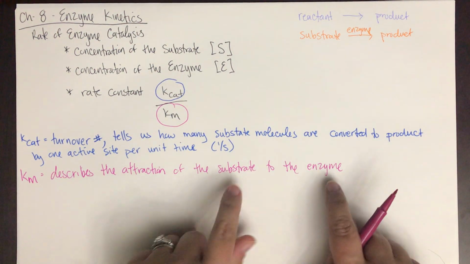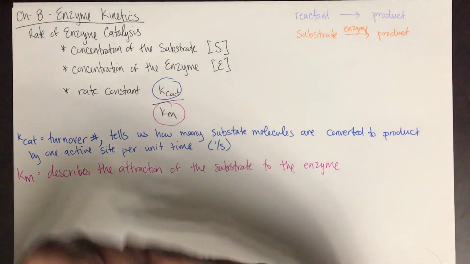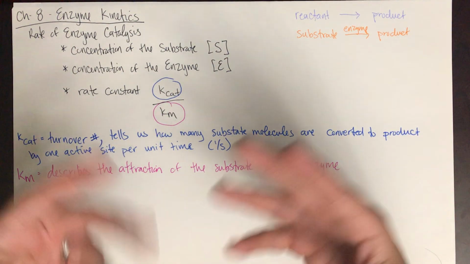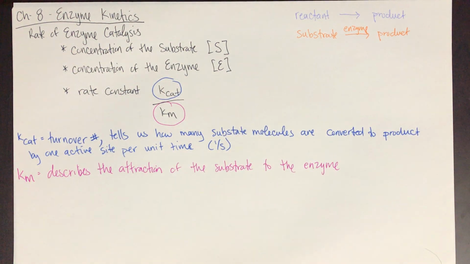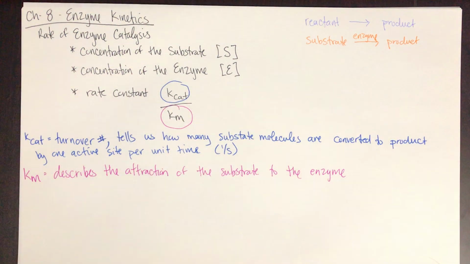Remember, there are interactions between the substrate and the enzyme, the active site of the enzyme where the substrate binds. There's all those non-covalent interactions between the R groups of the substrate and the enzyme.